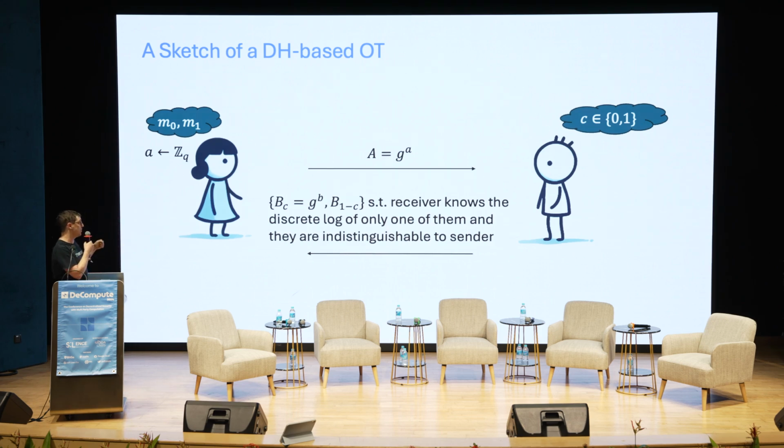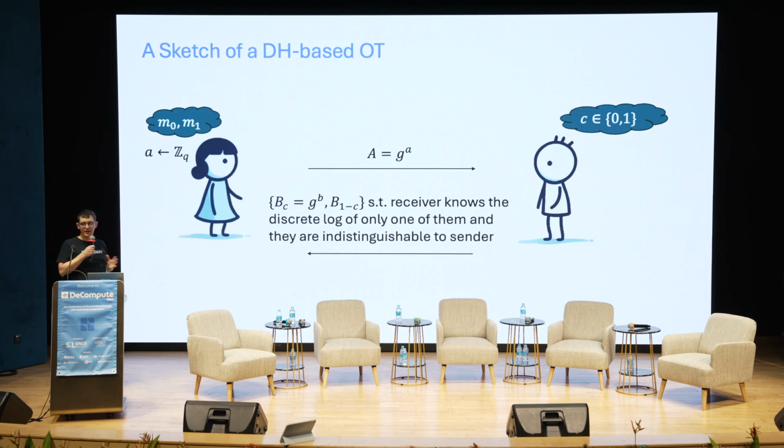One of them corresponds to the choice bit, so this is B subscript c, and the receiver knows its secret key. So the receiver knows the secret key of one of the public keys, but doesn't know the secret key corresponding to the other public key, B subscript 1 minus c. So you can think of B0 and B1, and c is the secret bit.